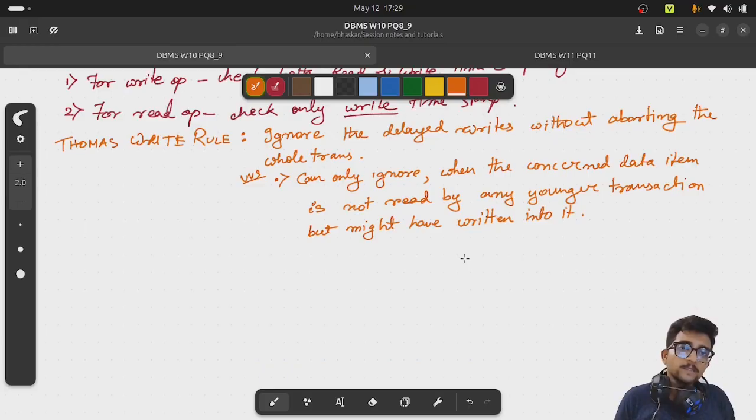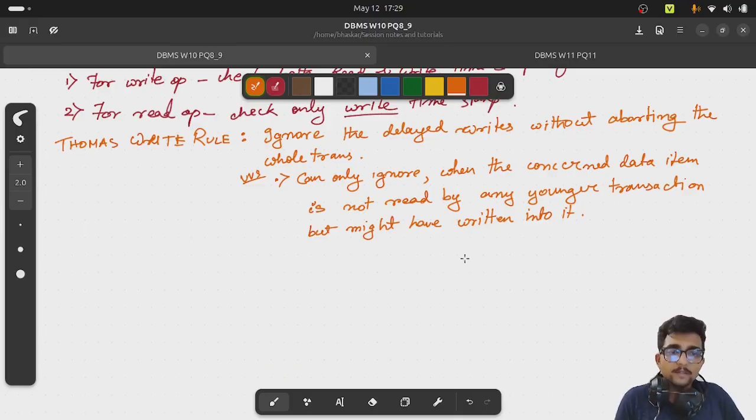So according to the basic serial execution logic, since we are trying to achieve serializability, we try to make the end result the same as a serial schedule. So the older transaction should have written, and then the newer transaction should have come and read from it.